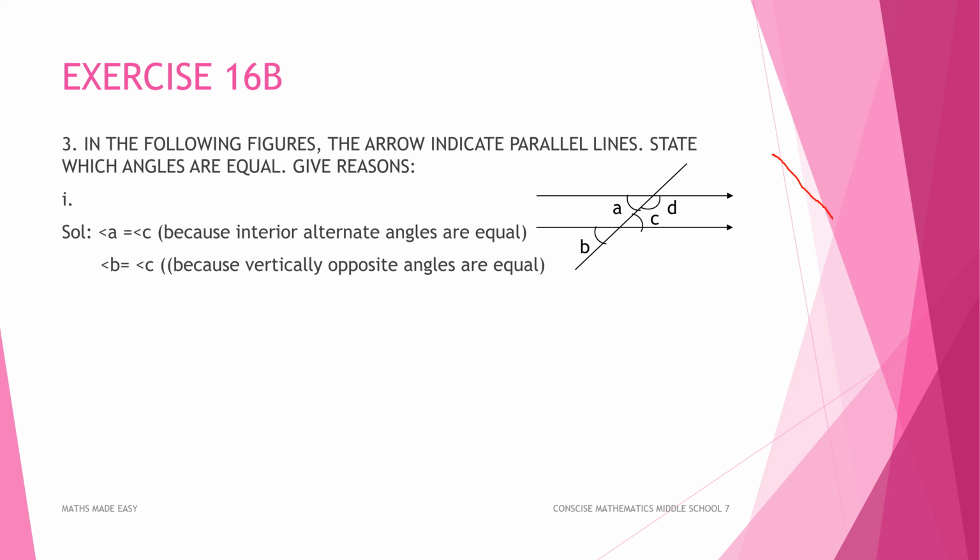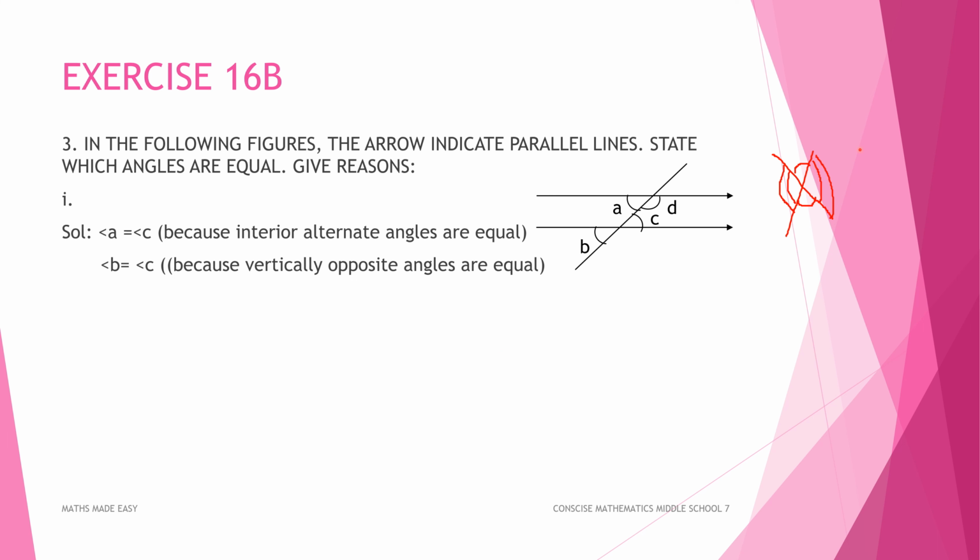See that when two lines are intersecting, one angle will be formed over here and over here. These both are vertically opposite, and even this angle and this angle are vertically opposite to each other.